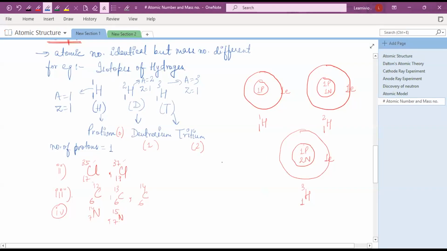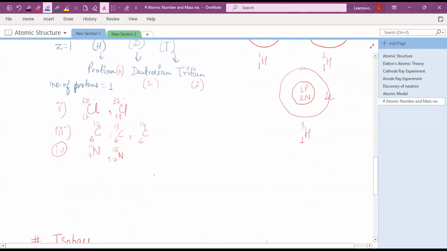So here is a formula for calculating the average weight. If two isotopes are given, or if more than two isotopes are given, what you have to do is take the atomic weight of the first into its relative abundance, right?